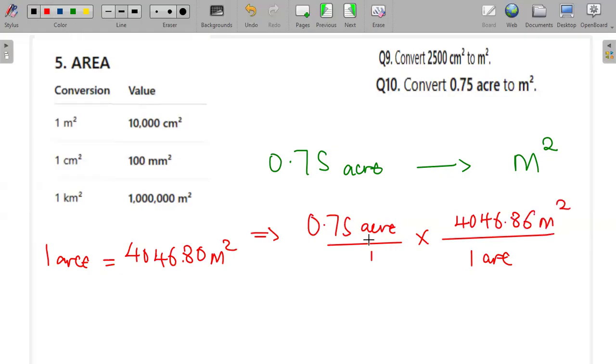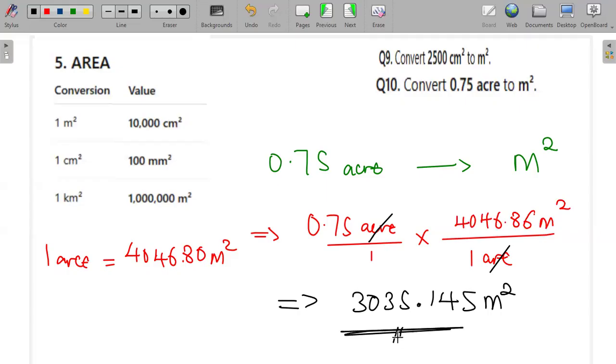So the acre and the acre are going to cancel, and then I multiply whatever is going to remain. So once I do that, I'm finding 3,035.145, and this will be squared meter like this. Okay, so any questions there?